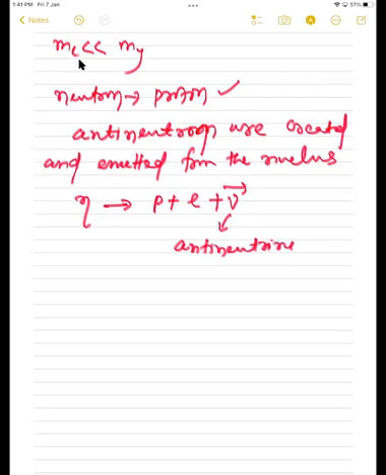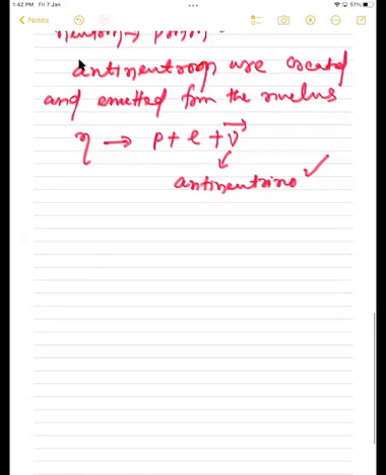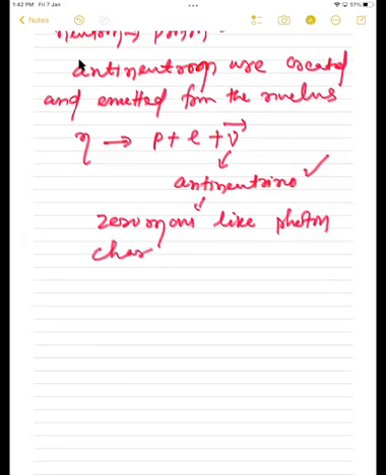The anti-neutrino is supposed to have zero mass, like a photon. It is also chargeless and has a spin quantum number of half. I'll say about spin quantum number later.